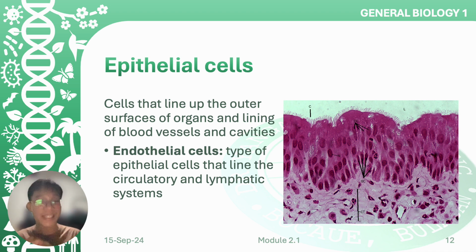So they basically line up the blood vessels and the lymph vessels inside the body. Again, when we talk about the lining, all you need to remember is that it's the epithelial cells that would line up or cover these organs. Recall your cheek cells. They are flat structures, and they are flat because they just need to line up anything.